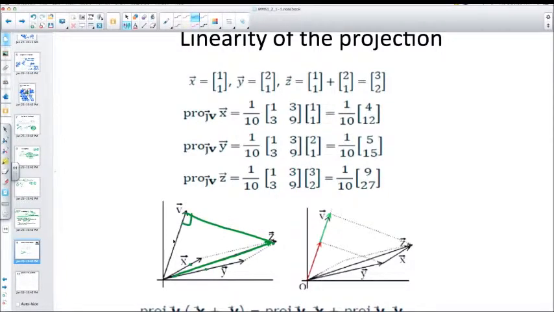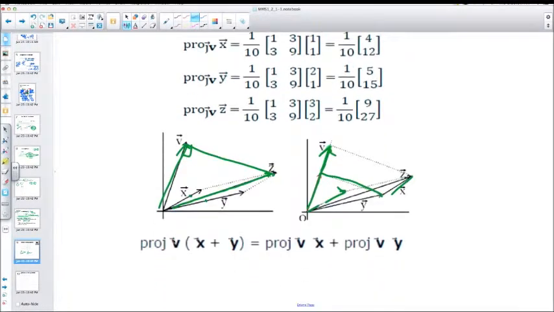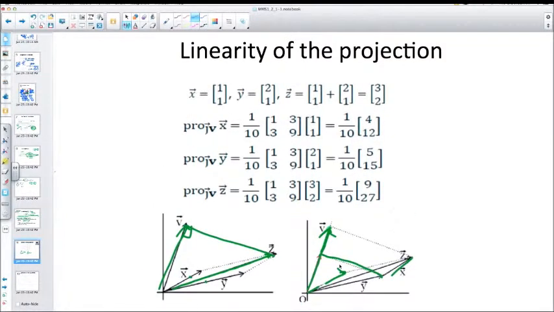Or, another way, you first project: this y projected to here, the x projected to here. When you project first and then you add, you get the same v. So what I'm saying is you do the calculation, you find you can add first then do the projection, or projection first then add, you get the same result.